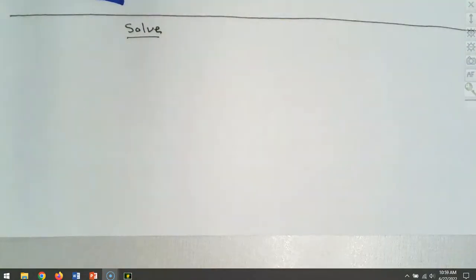We'll do a couple more of these, and then we'll look at a 3-part, and then we'll look at a quadratic. So we're going to go ahead and solve this.